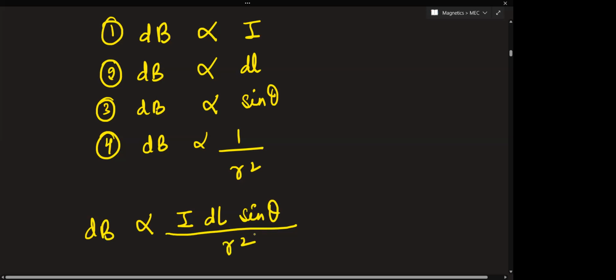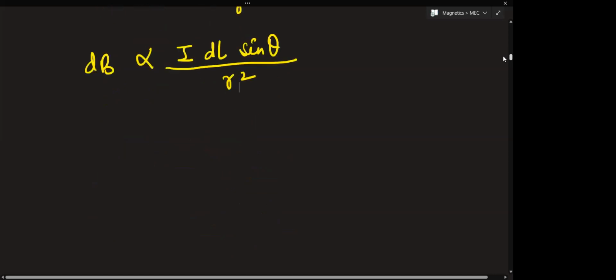In Coulomb's law in electrostatics, we had a constant that we used everywhere. Like in electric field, E is equal to kQ by r square. k was the constant, whose value was 1 by 4 pi epsilon naught, which is 9 into 10 to the power 9.